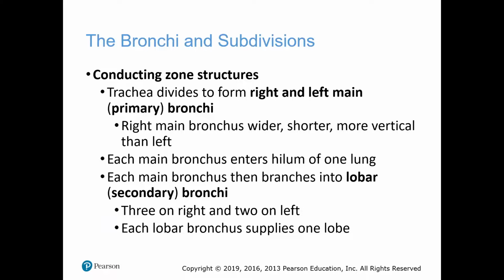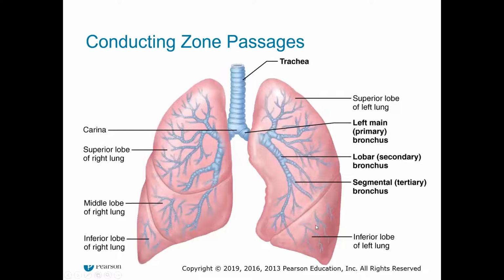So we can see, for example, here is a left lung. It only has 2 lobes. You can see here on the illustration, there's the left lung with 2 lobes.